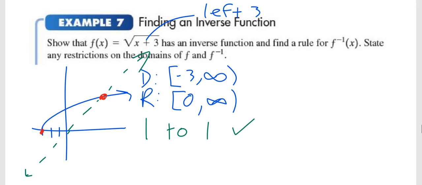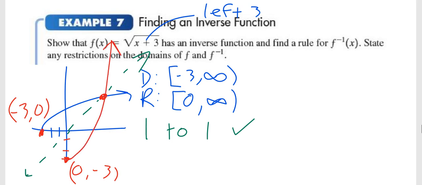So here, what's this coordinate over here? 3 units left of the origin. -3, 0. Okay, so where does that point go on the new graph? 0, -3, right? So hopefully you get the idea in your mind that you're doing this.